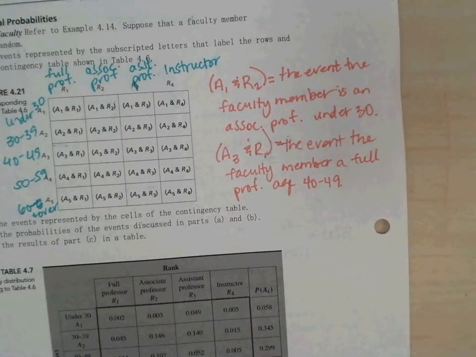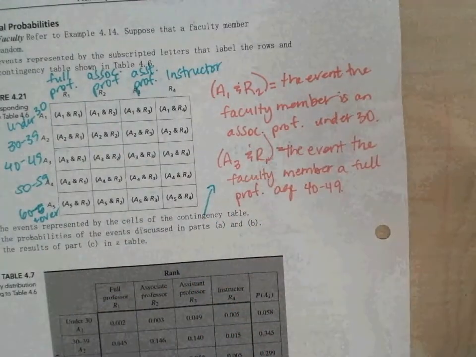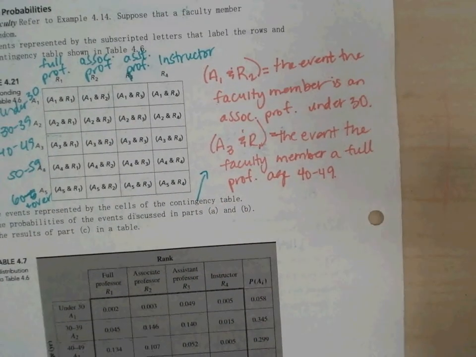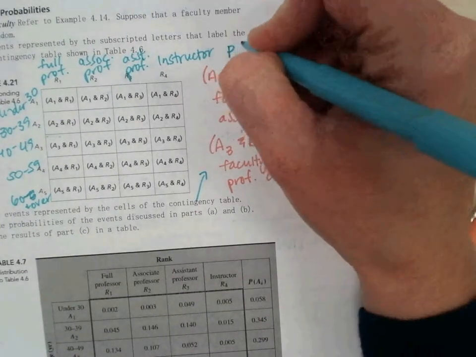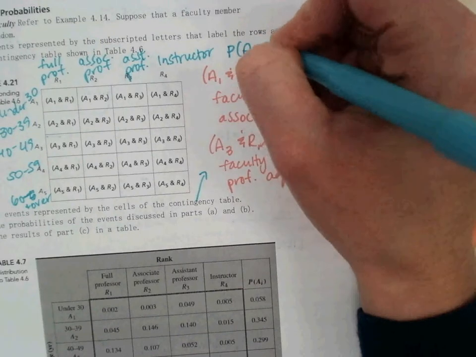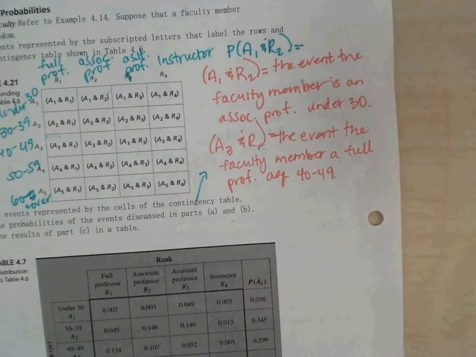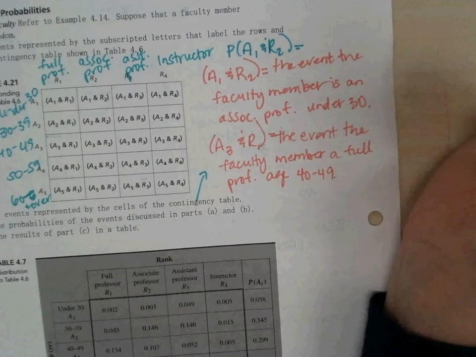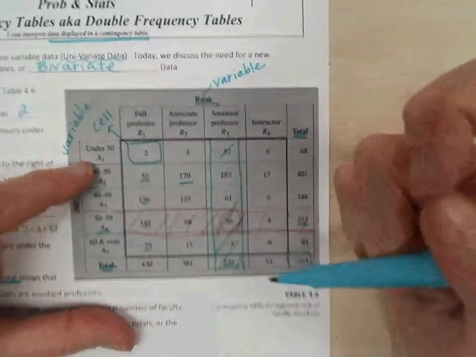Part B, we did right here. Part C says determine the probabilities of the events discussed in A and B, so we're just going to do those two that we just mentioned. So we'll write that as probability of A1 and R2 equals A1 and R2.